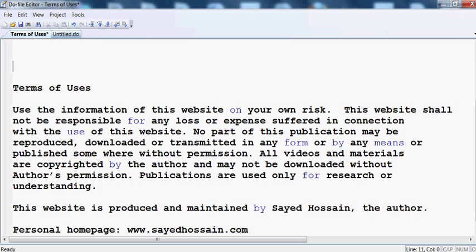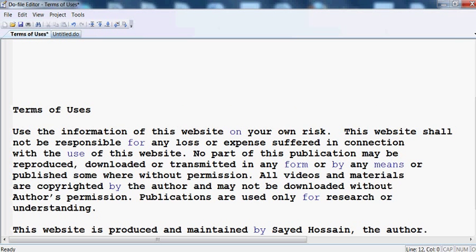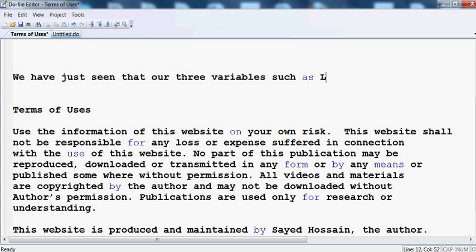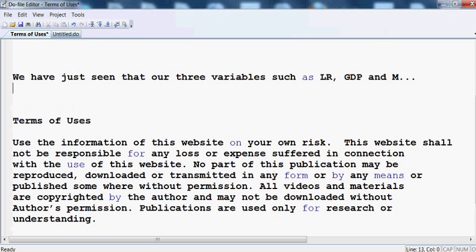Okay, we have just seen that our three variables, LR, GDP and money supply, are co-integrated. So we can run the error correction model.